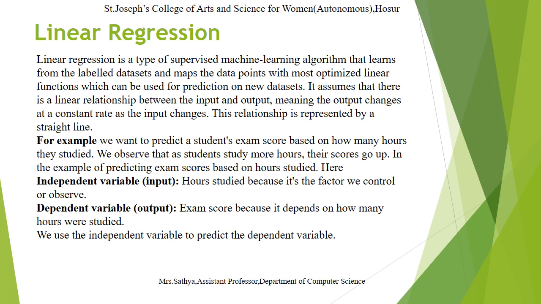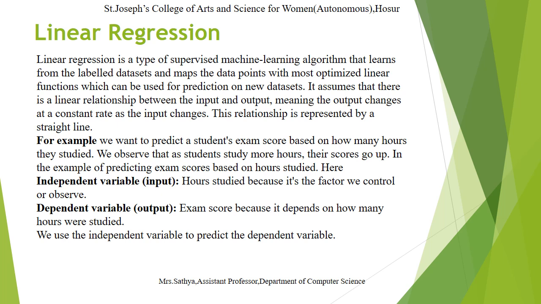Imagine you want to predict a student's exam score based on the number of hours they studied. You observe something simple: more study means a higher exam score. That's a linear relationship, right? The input, the hours studied, is called the independent variable. The output, the exam score, is called the dependent variable.